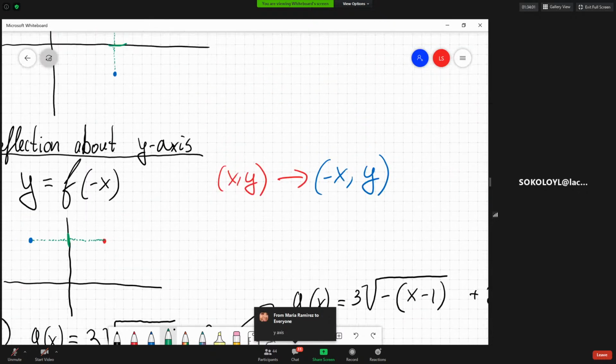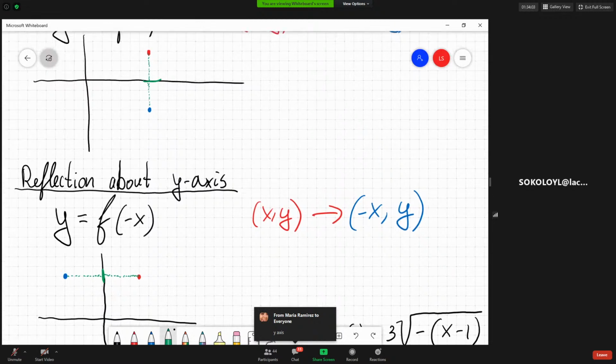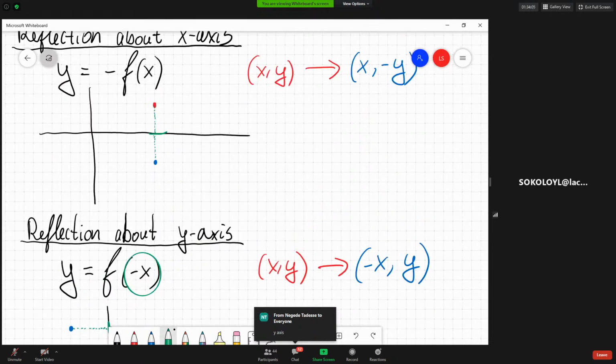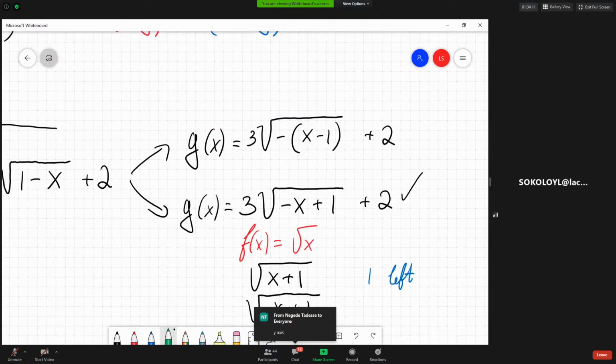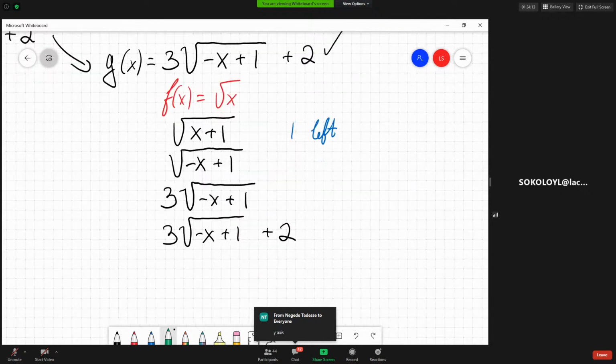So this would be that guy, right? This would be a reflection about the y-axis because the negative sign is inside of the function.